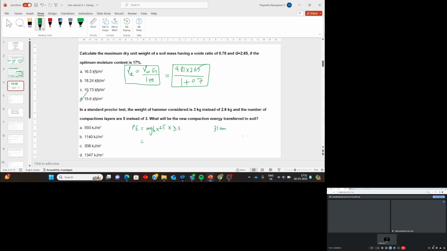So now you substitute here: 3 into g, which is 9.81, into h, which is 0.31, converted into meters, into 25 into 5.